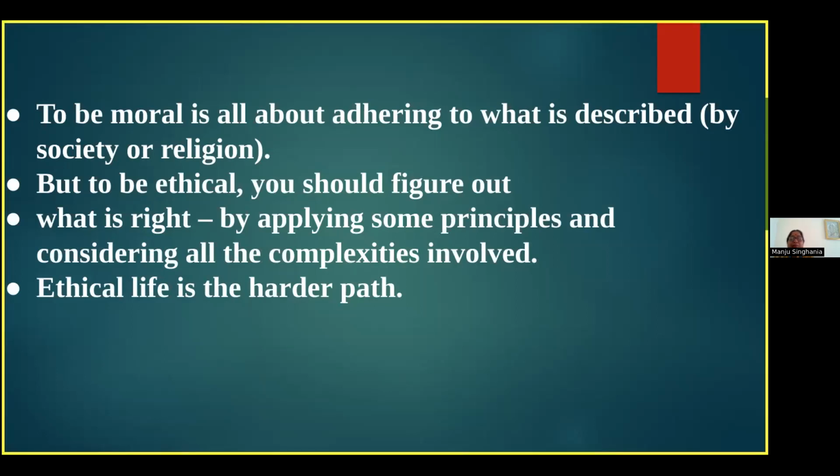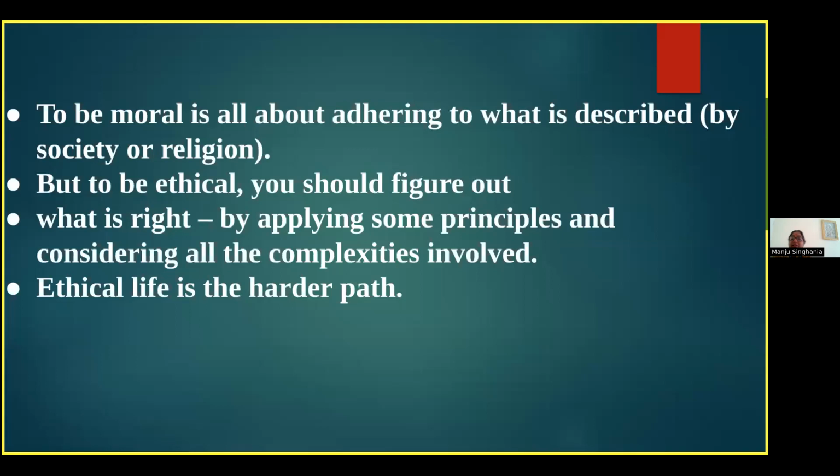What is right? How will you decide what is right? You will decide by applying principles given by society and by religion, and considering the rules and regulations given by society or your religion in the situation where you are applying them.